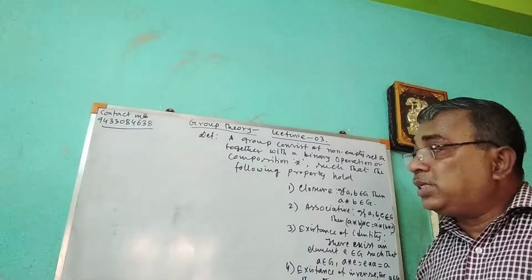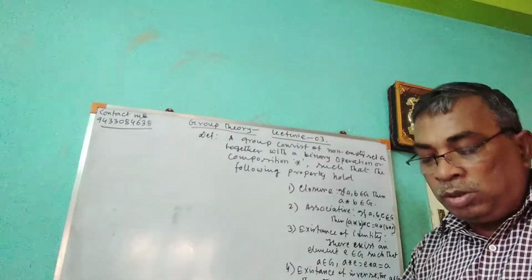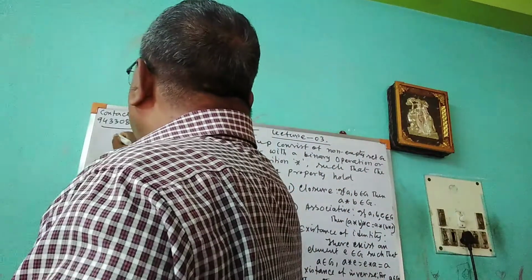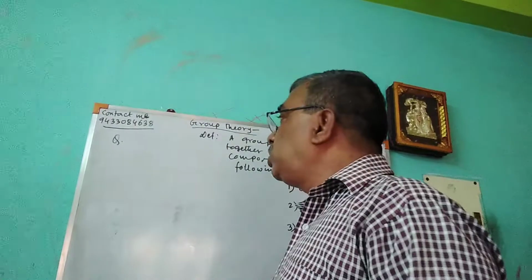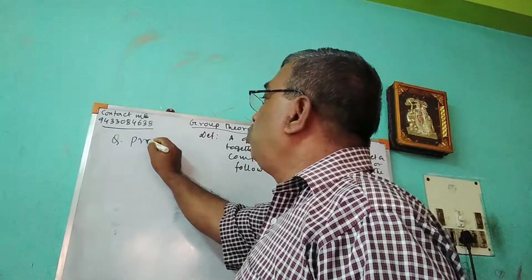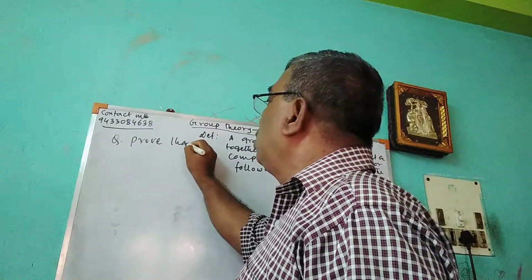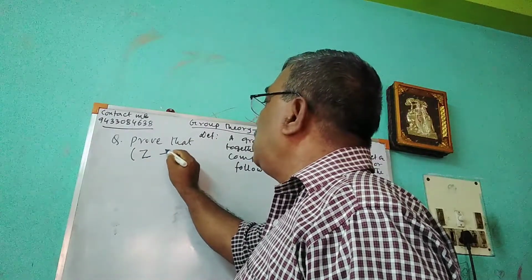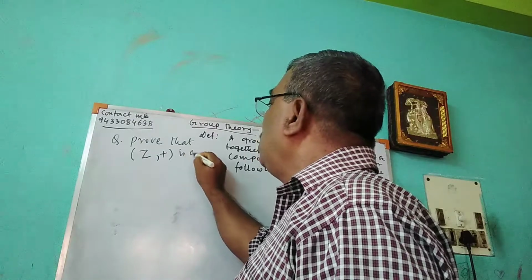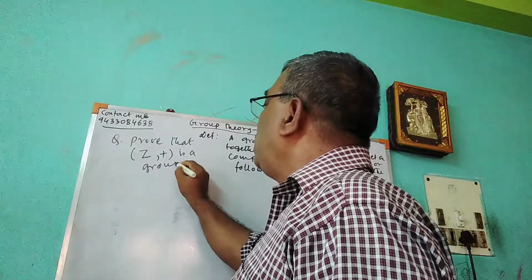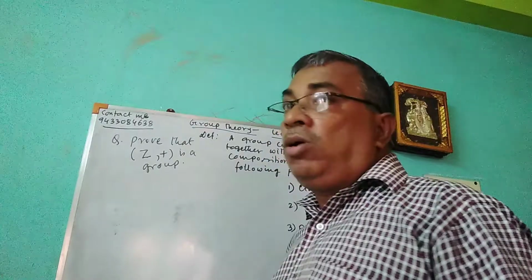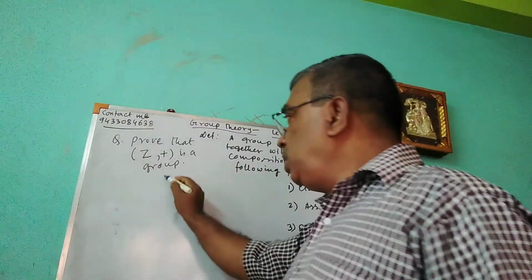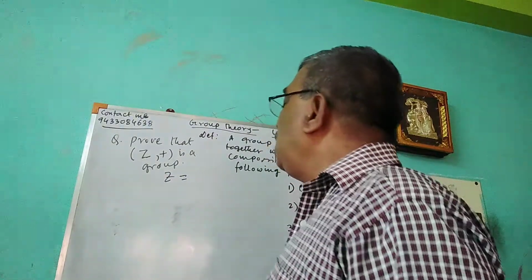Okay, let's see an example of a group. Prove that Z plus is a group, where Z is the set of integers.